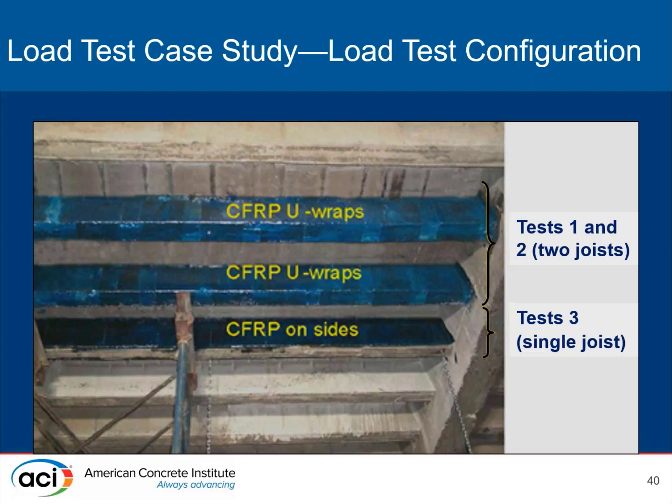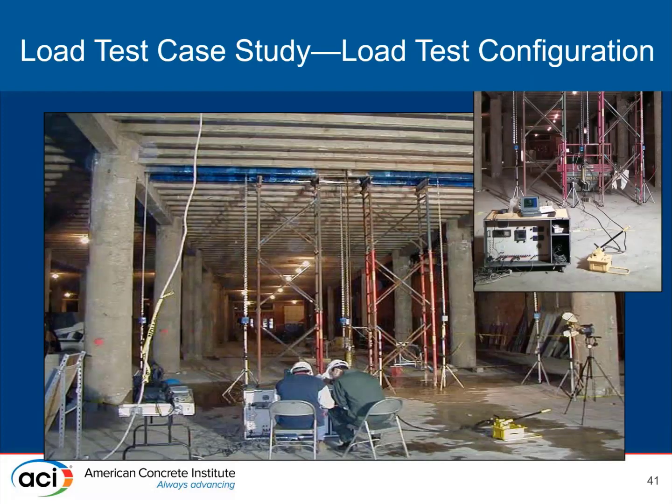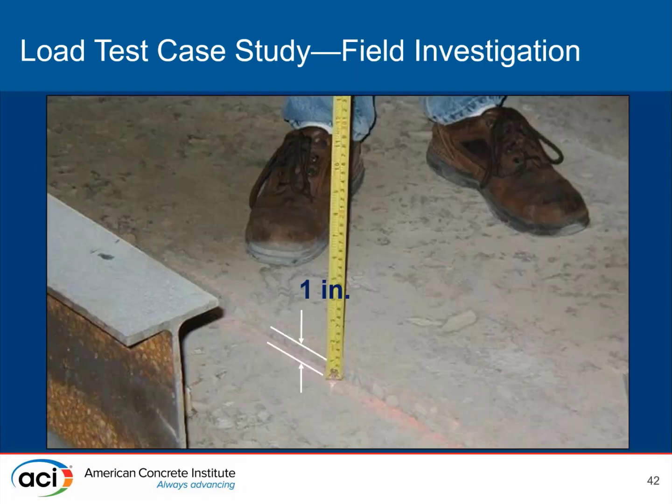You see the CFRP on the sides of the third test location, and for tests 1 and 2, the joists include U-wraps with CFRP. This is just a picture of the LVDTs and the setup from below. This is the measurement of deflection at the cut locations.